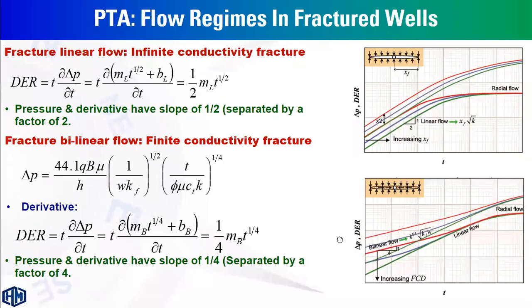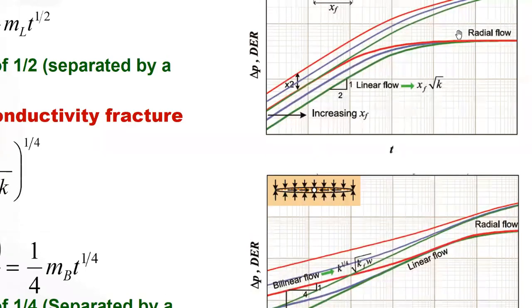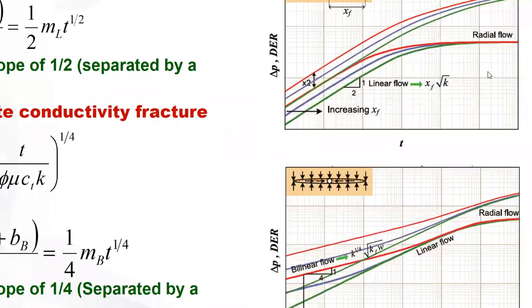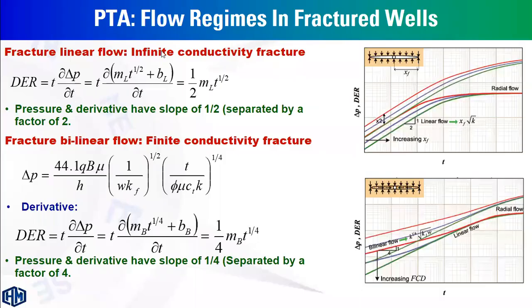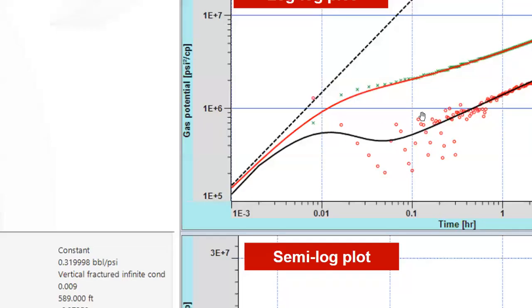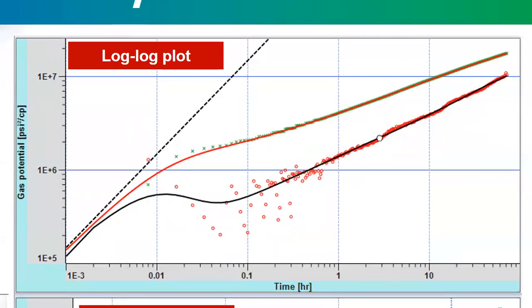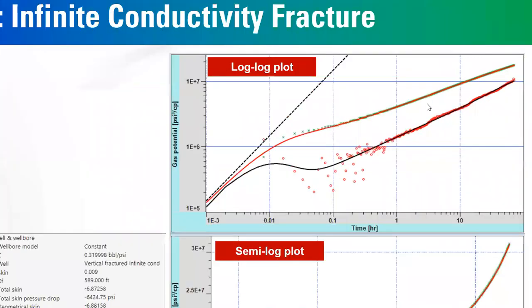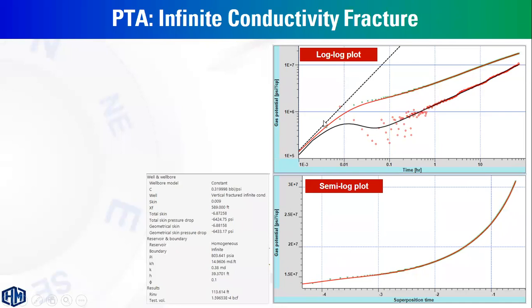as an indication of bilinear flow of the finite conductivity fracture. At late time, you should have what we call the radial flow, or infinite acting radial flow. So in this example, we have the PTA log plot for this well. We have the pressure difference and the pressure derivative curve. The two curves are parallel, and the slope is typically half slope, showing the infinite conductivity fracture, and the model is typically matching the data on the log and semi-log plot.